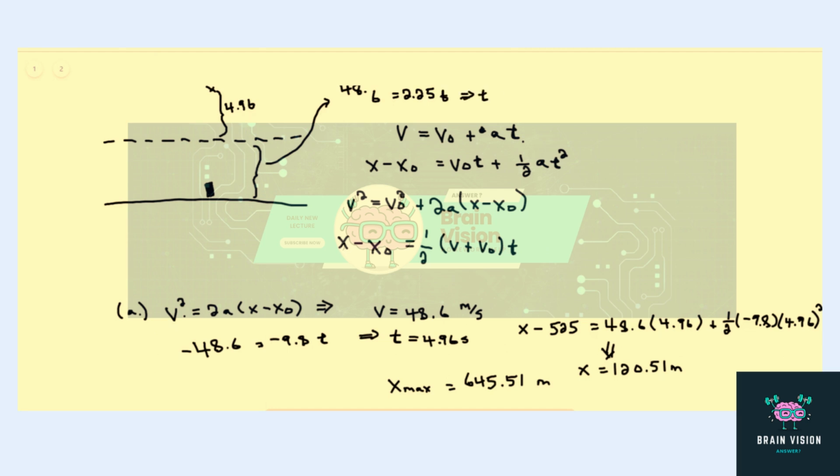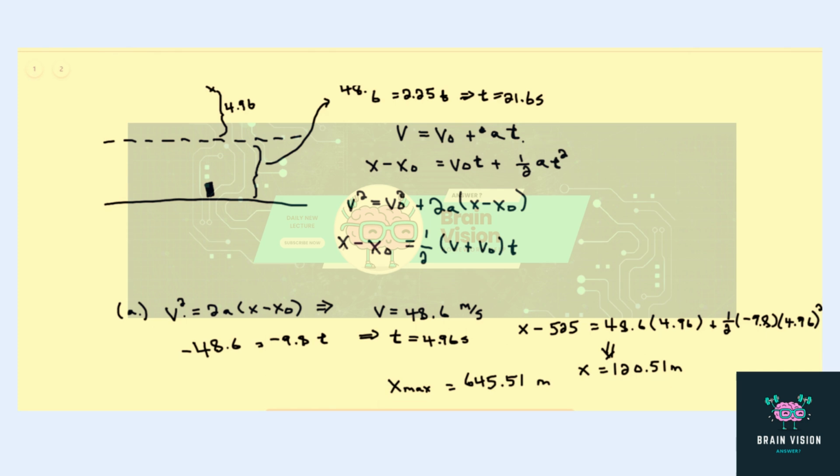That yields a t value of 21.6 seconds. And so it takes 21.6 seconds for the rocket to get initially to a height of 525 meters. It takes 4.96 to go up till it's at rest, and then 4.96 to go back down.